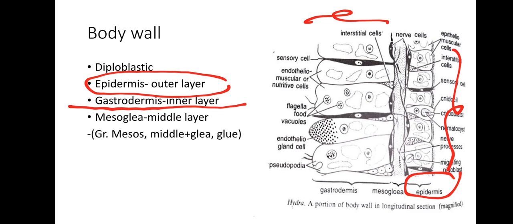Why is it called that? See, derma means skin, so the outer skin is called epidermis. The inner skin layer lines the gastrovascular cavity. Gaster means stomach, isn't it? So gastrodermis means stomach skin. That's the literal meaning.